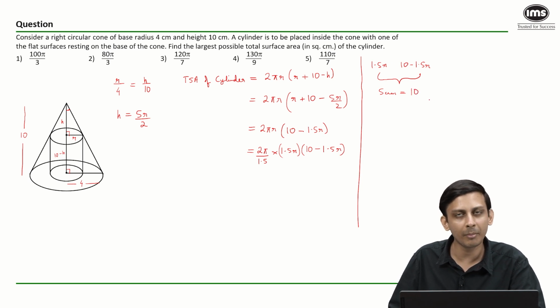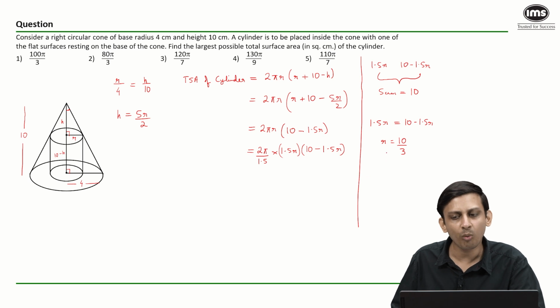It is a constant number, it doesn't have a variable. And because the sum is constant, we will get the maximum product when the two values are equal, when 1.5r is equal to 10 minus 1.5r. Okay, so that will give us that 3r is 10, so r is equal to 10 by 3. This value of r will give us the maximum product here.